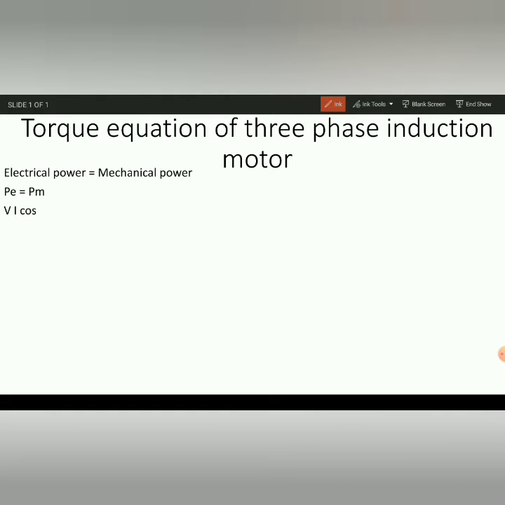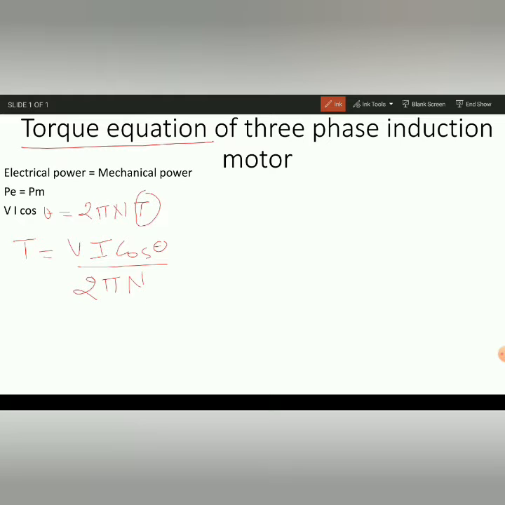So here, VI cos theta equals 2 pi n T. Now what is our topic? Torque equation. This is the T, so keep T on one side. So T equals VI cos theta divided by 2 pi n.